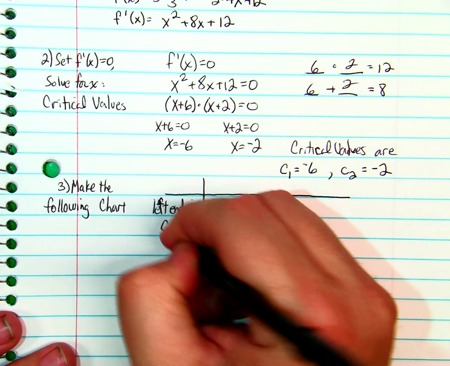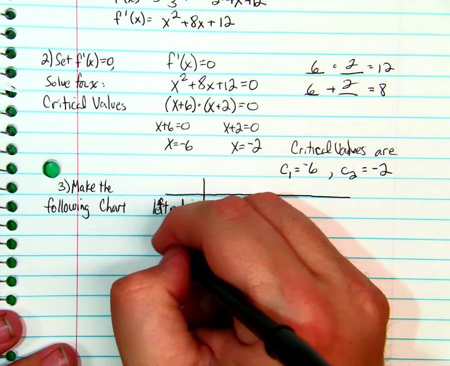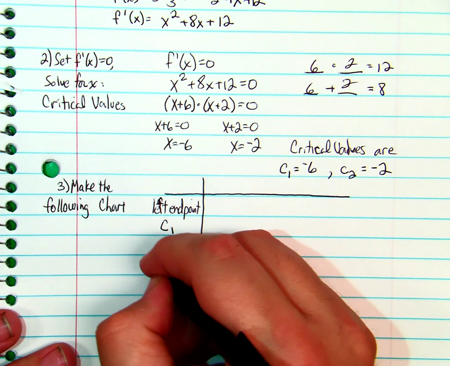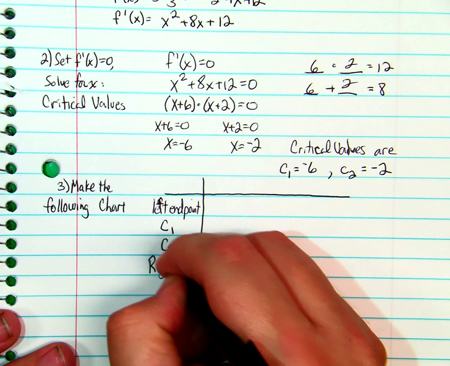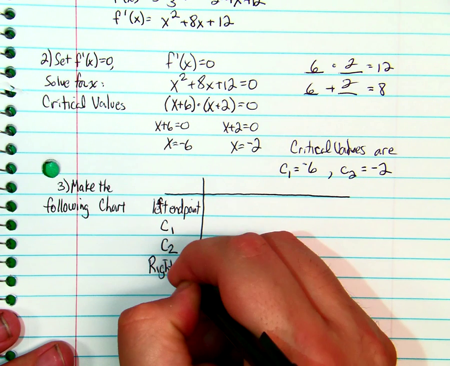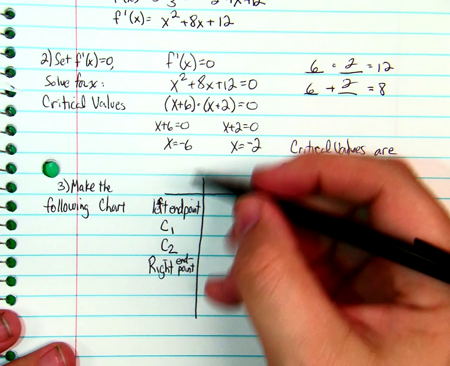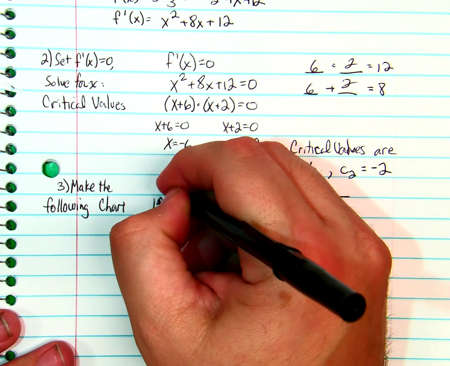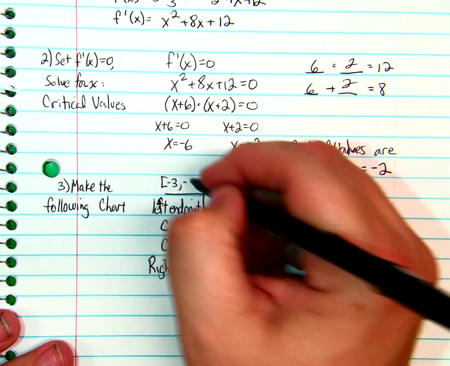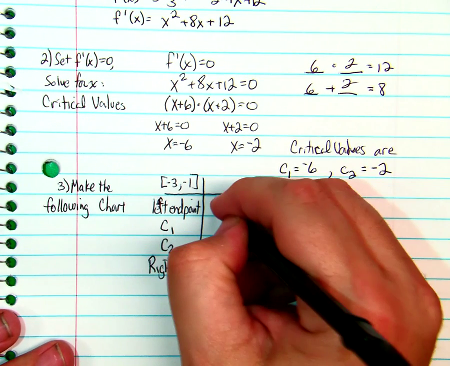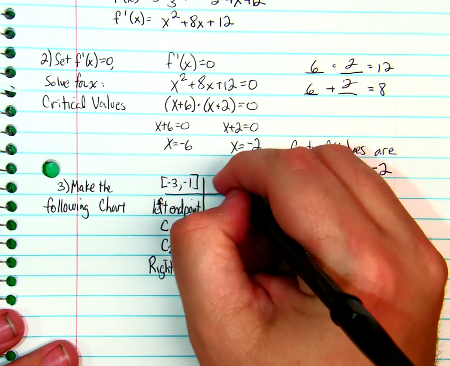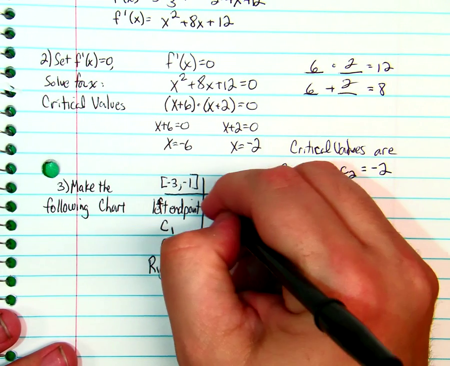C1, C2, and you can put as many as you need, and then the right endpoint. And since we're on the interval from -3 to -1, the left endpoint, these are our x values, is going to be a -3.